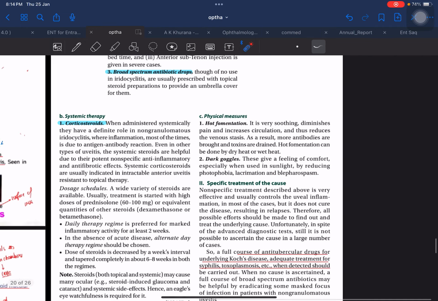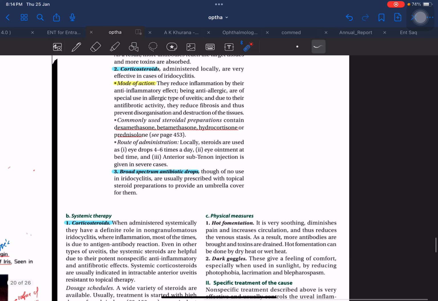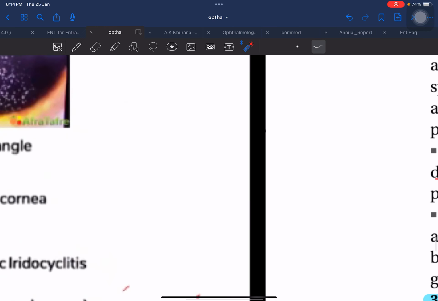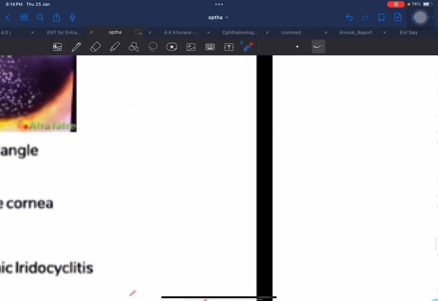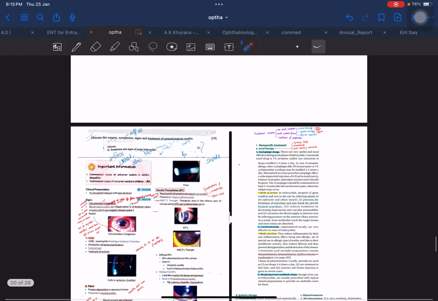One is complicated cataract, another is secondary glaucoma, similarly cyclitic membrane, choroiditis, retinal complications, papillitis, and phthisis bulbi. So these are the complications of uveitis.